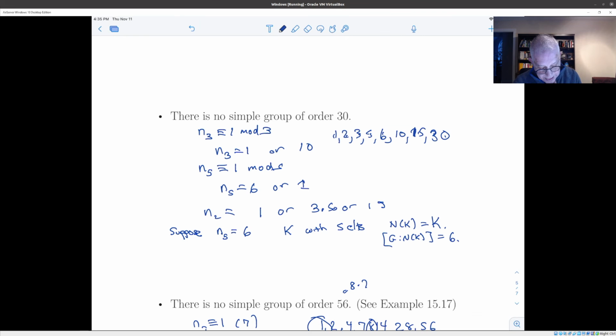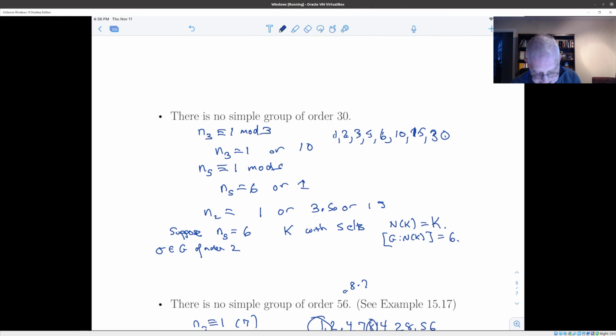Great. So now let's take an element of order 2 in G. So let's suppose sigma is in G of order 2. And we can think of sigma as giving a permutation of these 6 Sylow 5 subgroups. And we know that it can't fix any of these subgroups, because if it fixed one of them, it would have to belong to the normalizer, which is the stabilizer under conjugation. But the stabilizers only have order 5. They can't contain an element of order 2.